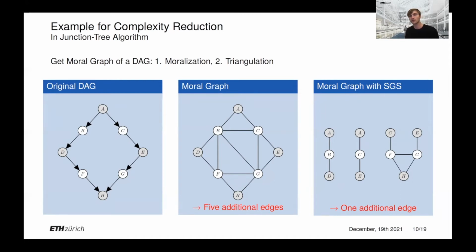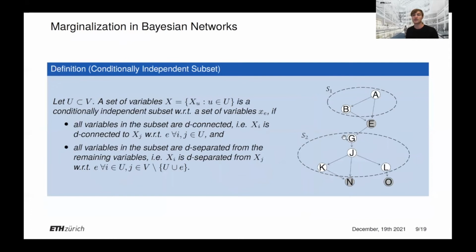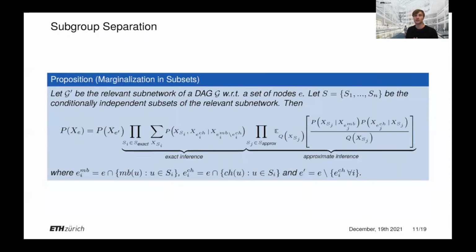And there still might be the possibility that some of those subsets that are defined in your Bayesian network are so large that you can't apply exact inference on them. But then what you can do is to apply exact inference on all subsets where it's possible, and then apply approximate inference on all variables where it's necessary, right?